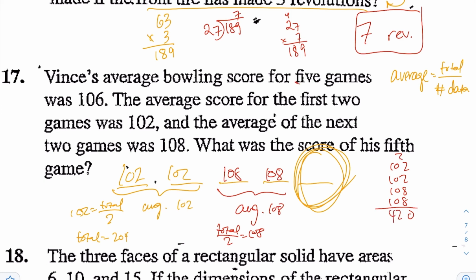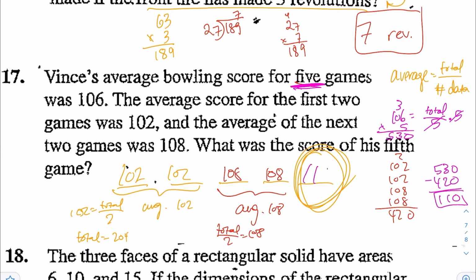Now the average for 5 games is 106. So 106 would be equal to the total divided by 5. And you multiply both sides by 5. That would be 530. So 530, that's the total. Subtract 420, which is what you have, and it will be 110. So his last score has to be 110.